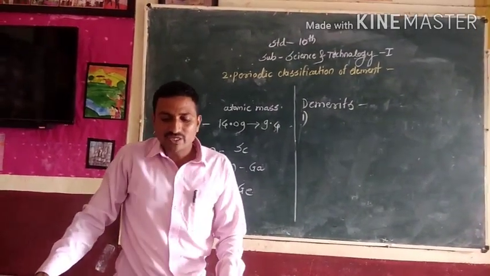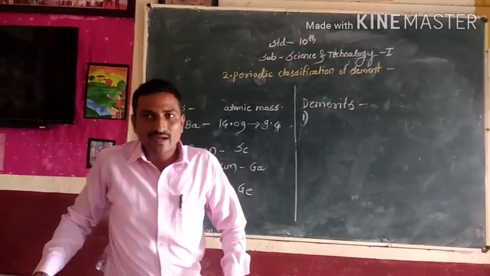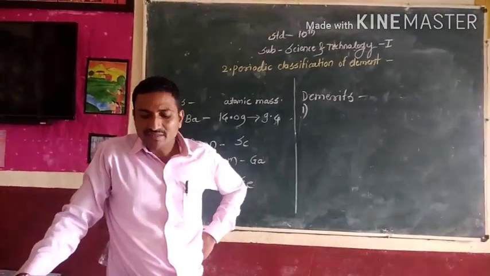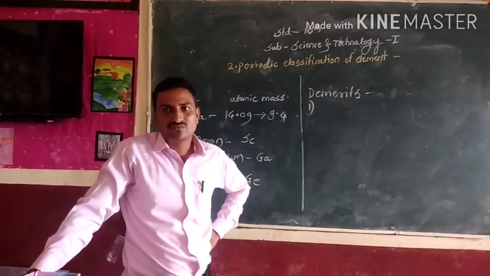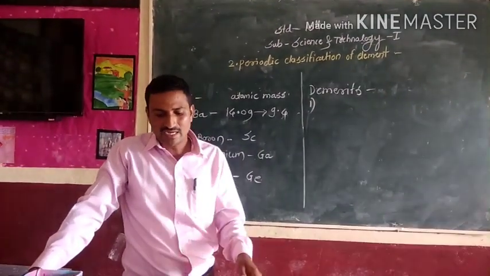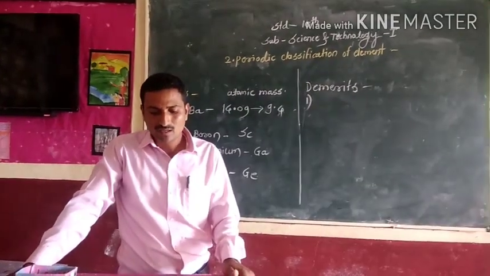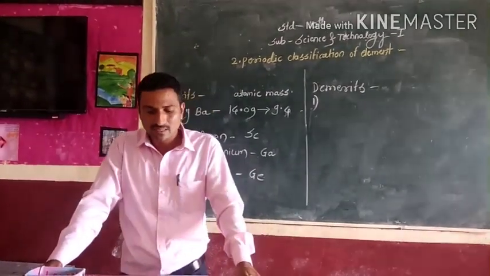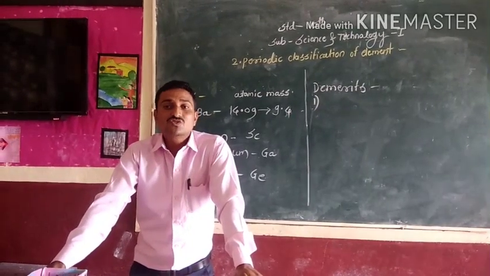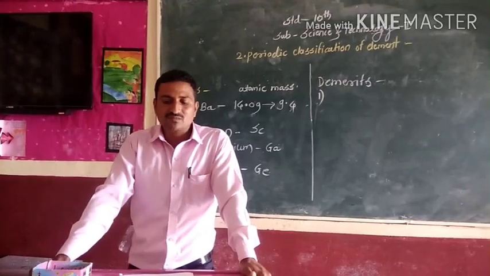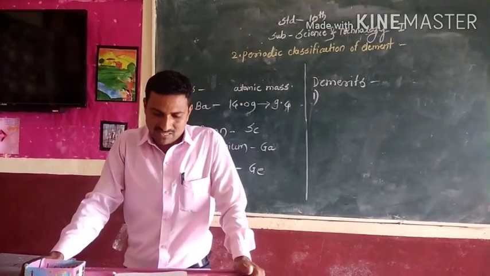Second, there was a problem in placing isotopes in the Mendeleev periodic table, as isotopes have the same chemical properties but different atomic masses.